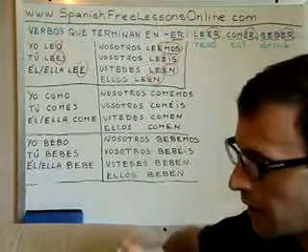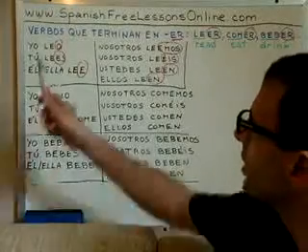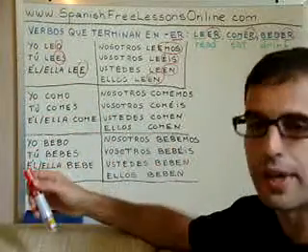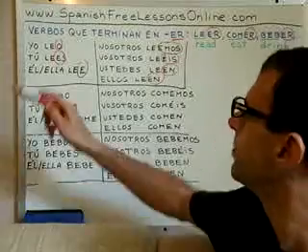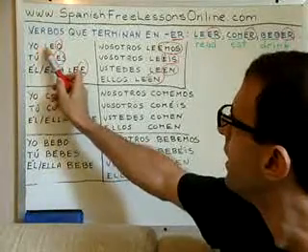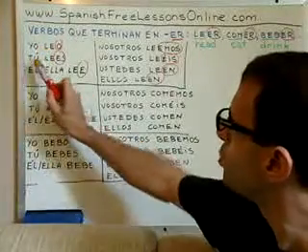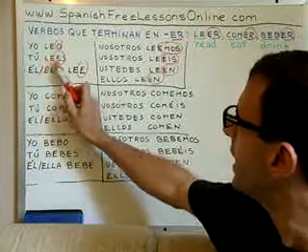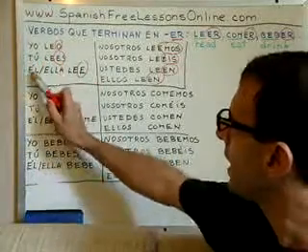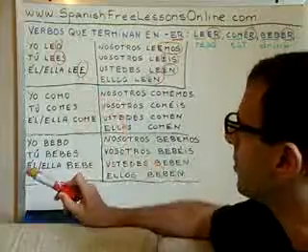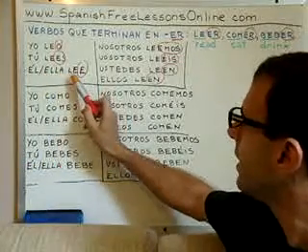Now, let's start with I. I read. Yo leo. Tú lees. Él lee. Or ella lee.